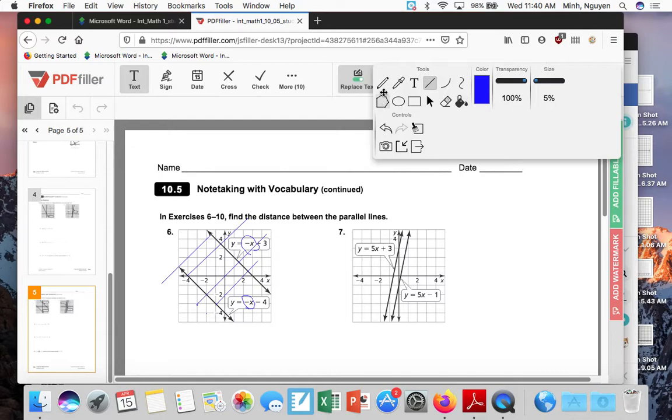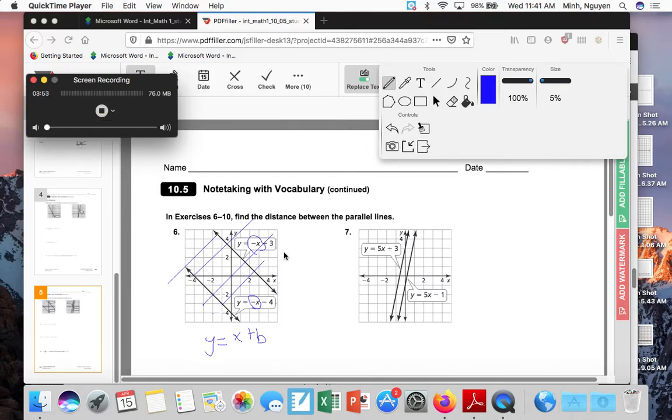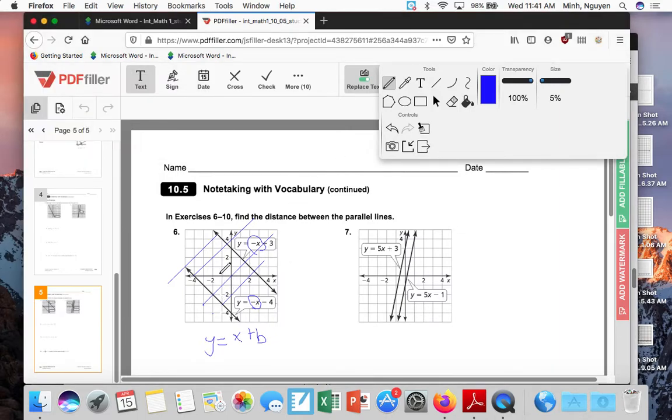Or I can start by saying, okay, I know the slope is 1, so y equals mx plus b, but the m is 1. So 1x plus b. Sorry, to go back to it, we know the slope is going to be 1. I have to figure out the y-intercept.